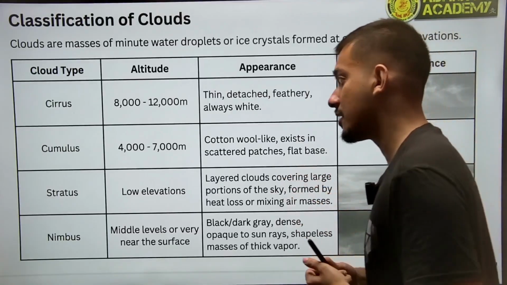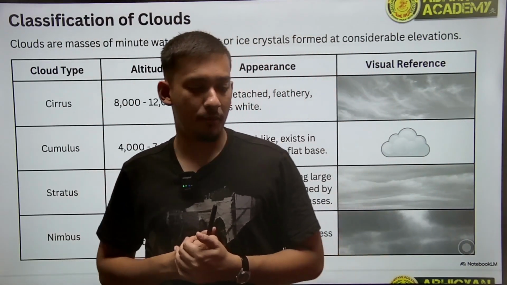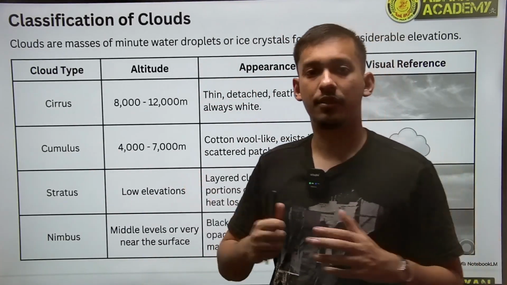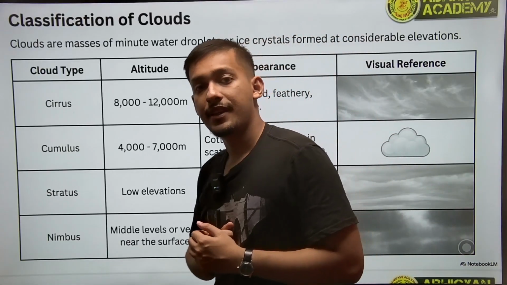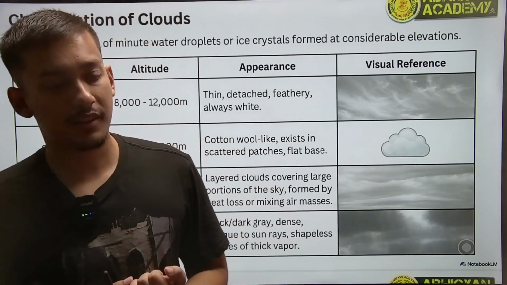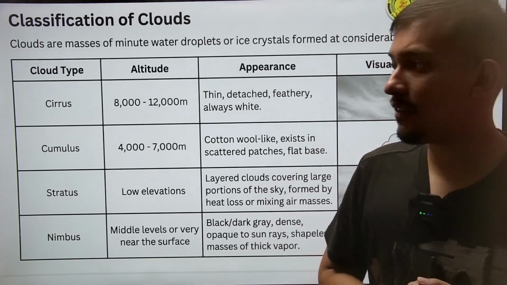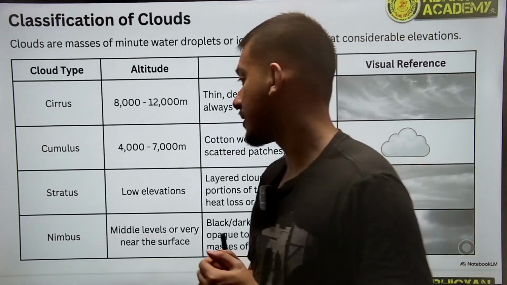They are cumulus. Sometimes you see clouds in the form of long strings, long feathers. What is that? It is your cirrus clouds. Then we have the dark rain-bearing clouds. What are the dark rain-bearing clouds? They are nimbus clouds.